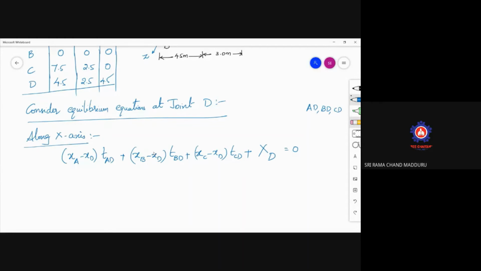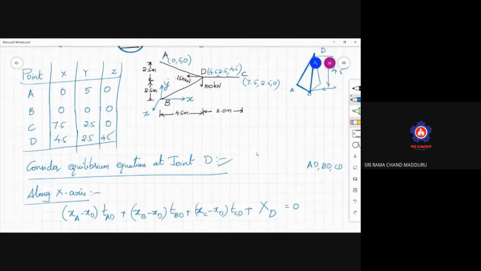Remember, we are writing the equilibrium equations at joint D. So here, at the joint D, is there any point load along x-axis? Yes, there is a point load. So capital XD you have to write down as 150 kilonewtons. But what is the sign convention?